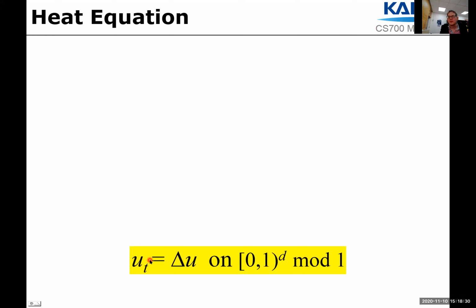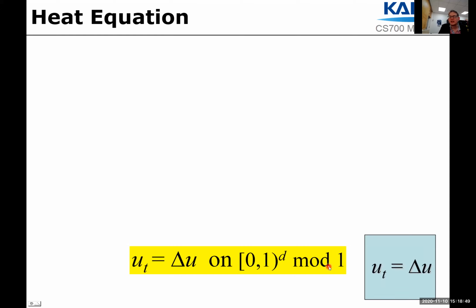The curvature provides the temporal derivative. The curvature is what drives the evolution of the equation. And we consider this equation on the d-dimensional unit cube with periodic boundary conditions.